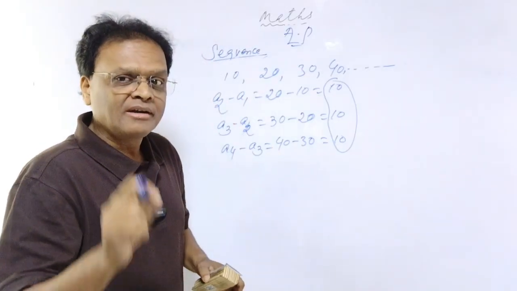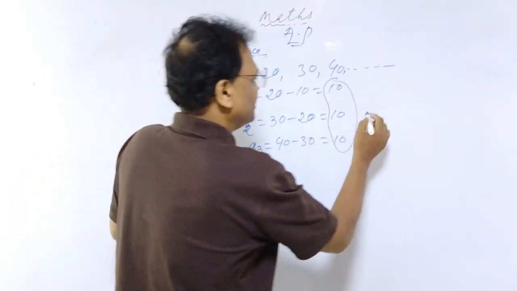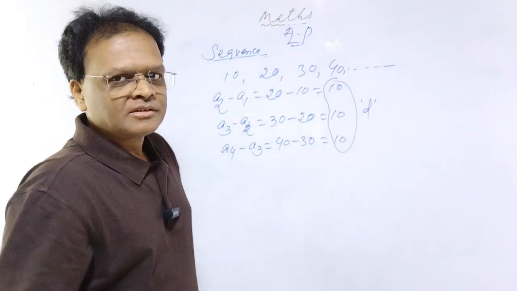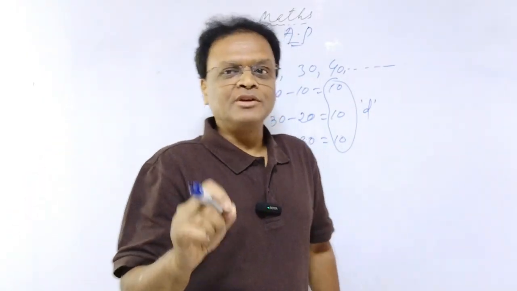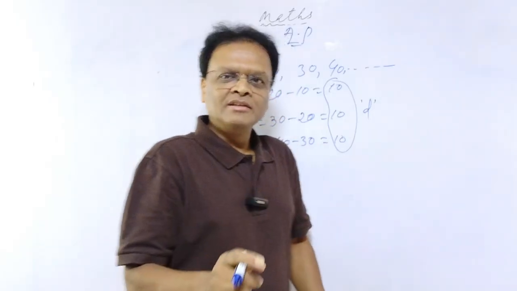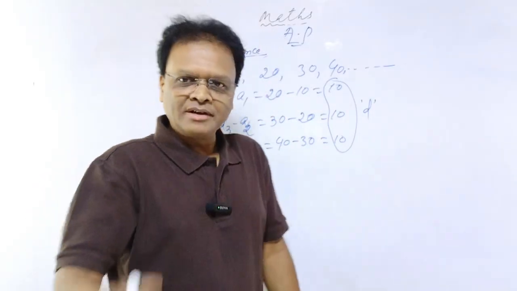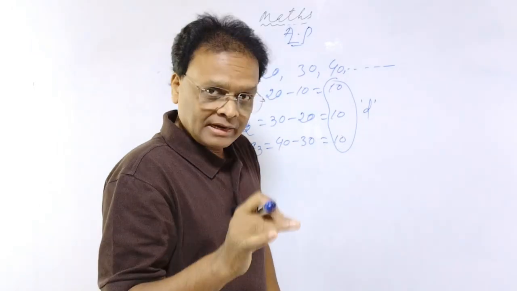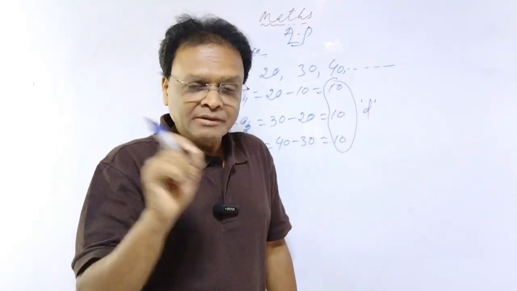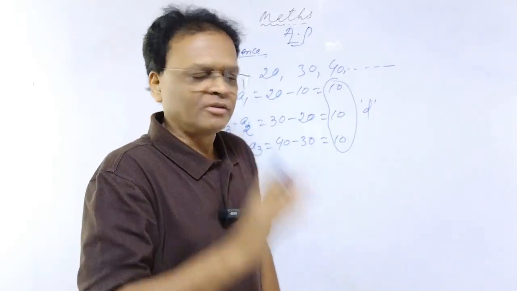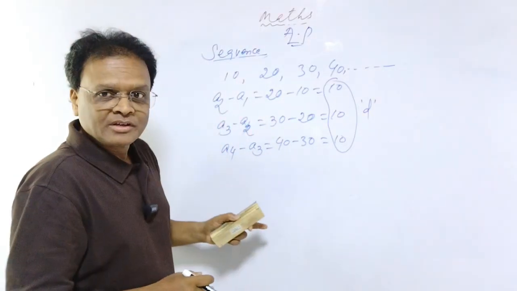We write it as D. So D stands for the common difference. How to find it? We can find A2 minus A1, A3 minus A2, A4 minus A3 also. If it is given in an AP, we can find it as A2 minus A1, that is the common formula. Common difference is over.